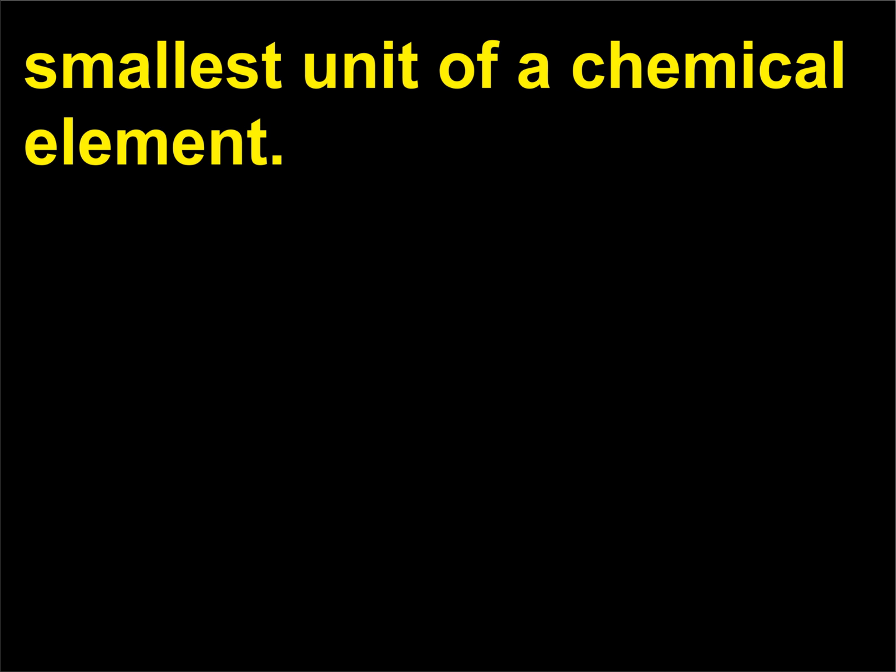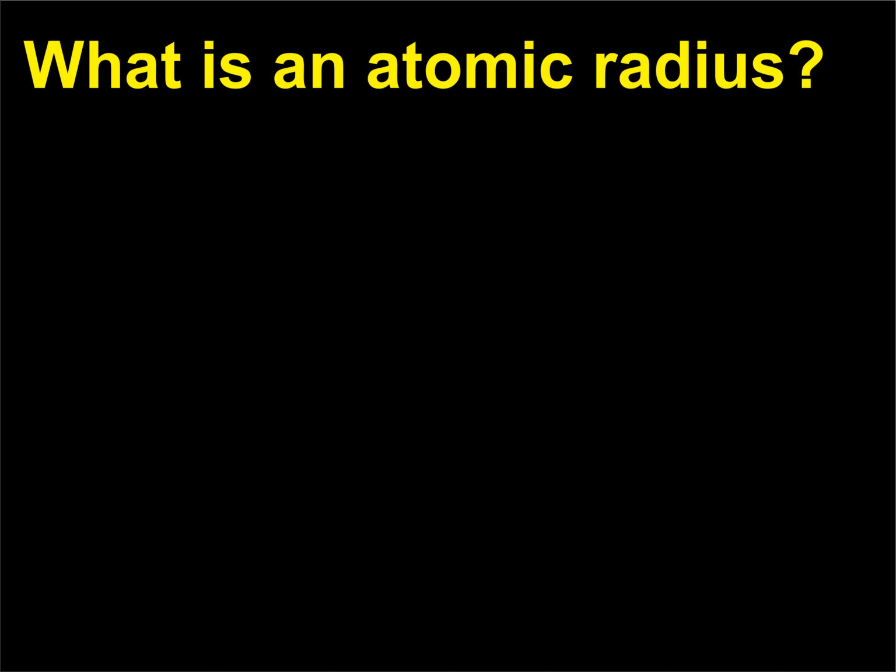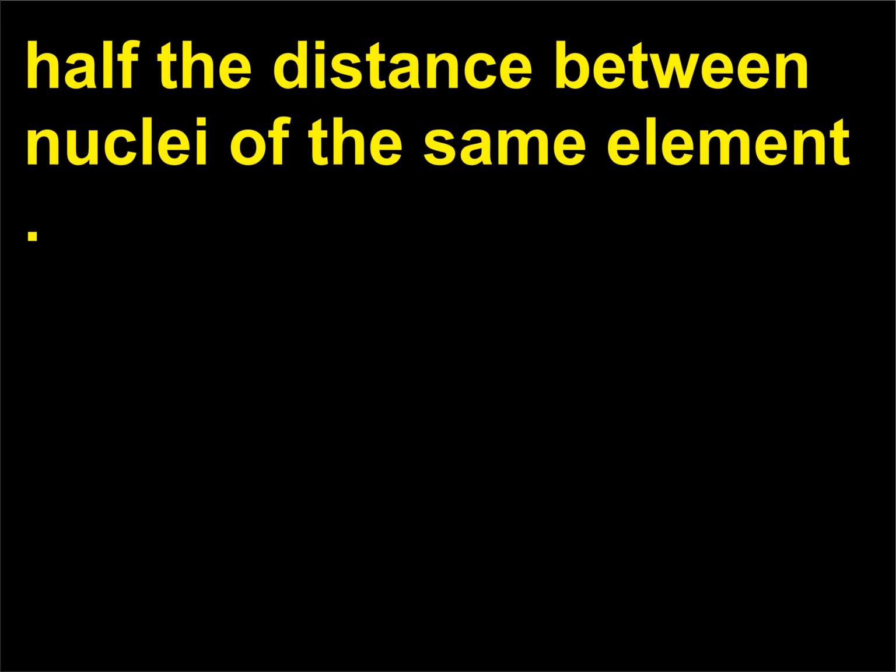Smallest unit of a chemical element. What is an atomic radius? Half the distance between nuclei of the same element.